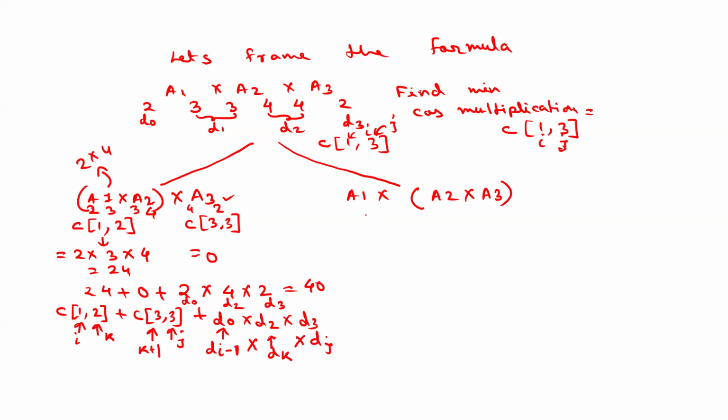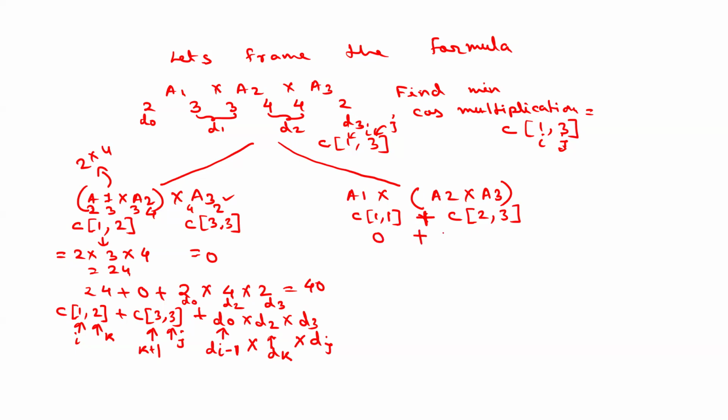Similarly, the same way we calculate C11 plus C2 multiplied with A3, so C23. So C11 is 0 plus C23.